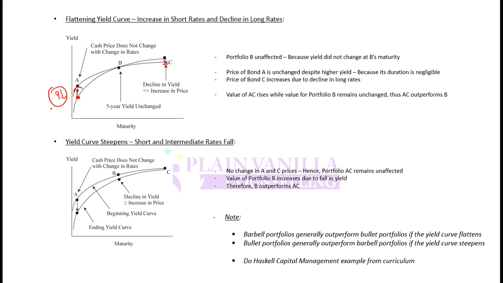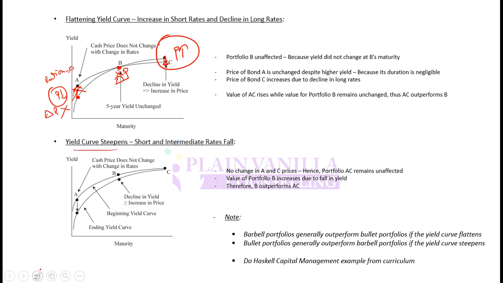Price should fall, yes, but duration is 0. That means no change in price. So no impact here. No change in yield. That means no change in price. Here yield declines. Is it declining? Yeah, it is declining. So here yield declines. That means increase in price. That means A and C will outperform bulleted portfolio.